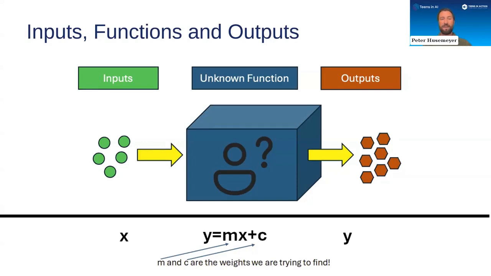Now, to make this slightly more relevant to you, let's go back to the example of a straight line graph. At the bottom of the slide, I've reminded you that a straight line graph is a function. It takes the input x, and then the way the function manipulates that input is it multiplies the input by a weight, in this case m, and then it adds what we might call a bias or a weight.